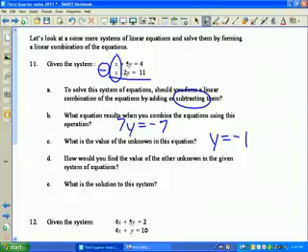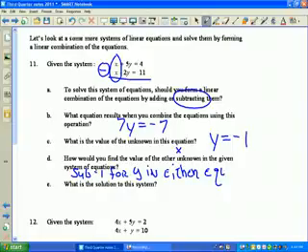And how would you find the value of the other unknown in the given system of equations for part D? In order for us to find the other unknown, which in this case is x, we're going to substitute, or sub for short, negative 1 for y in either equation.